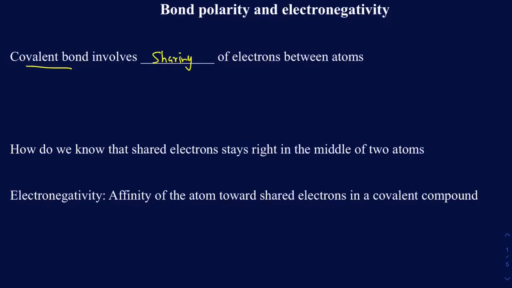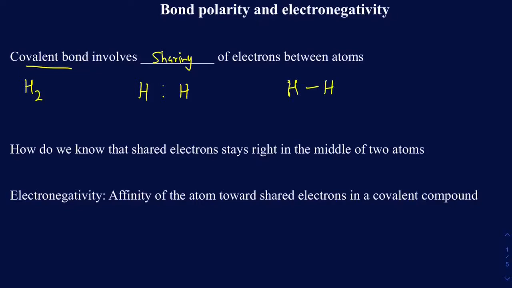Let me take a very simple example where I have the H2 molecule. Now, when I draw the Lewis dot structure for hydrogen, I'll have two electrons right in the middle of those two hydrogen atoms, and a better way of representing that would be a bond between the two hydrogen atoms.